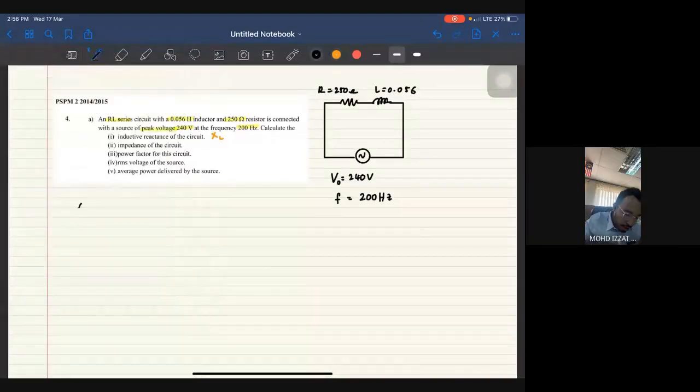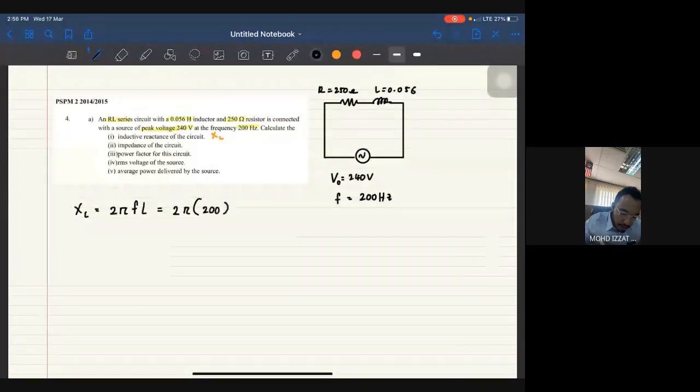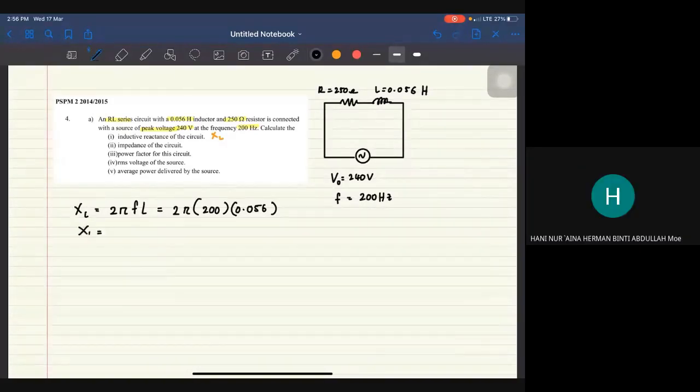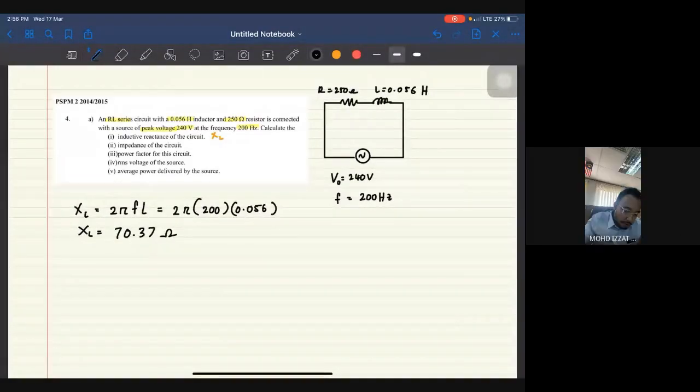So if I were to calculate, XL equals to 2 pi FL, which is equals to 2 pi, frequency is 200 Hz, inductance is 0.056. XL is 70.37. Okay, that was for question number 1.